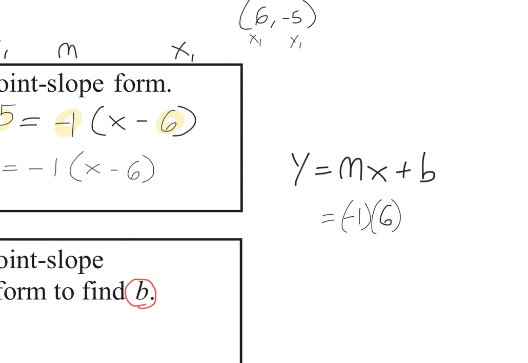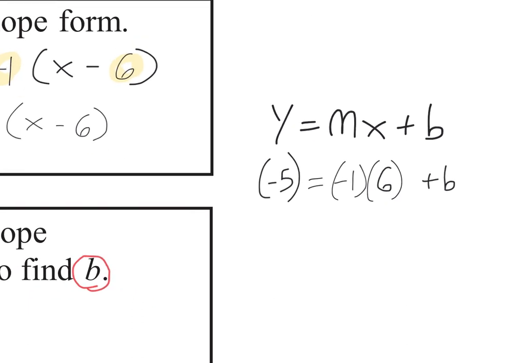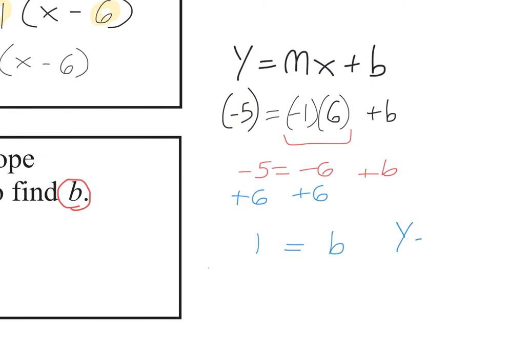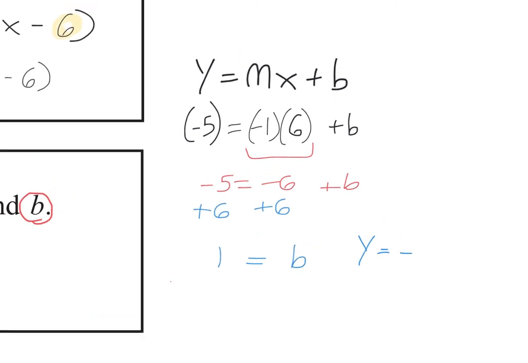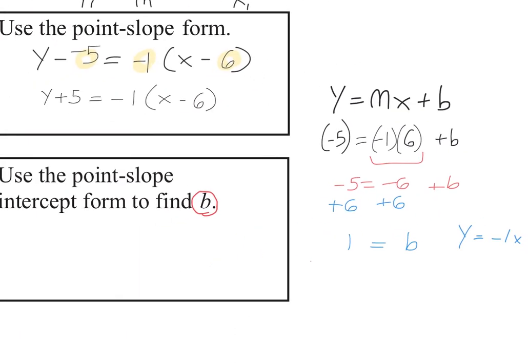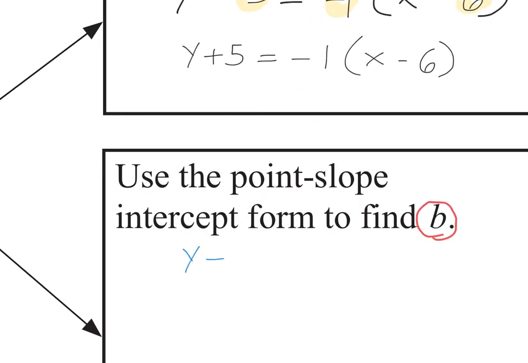So my x1 would be 6, my y would be -5, and we would solve for b. -6 is equal to -5. When I add 6 onto both sides, we get that b is equal to 1. And then that told us that our final equation would be y is equal to -1x plus 1.